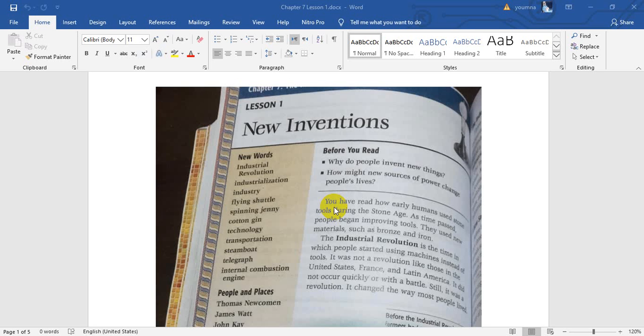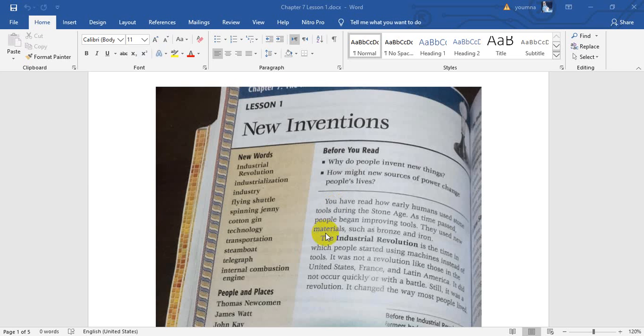They used new materials such as bronze and iron. Where can we bring this stuff? We can bring them from the earth. Okay, so by digging, or you can extract them from the mountains, the bronze and the iron.